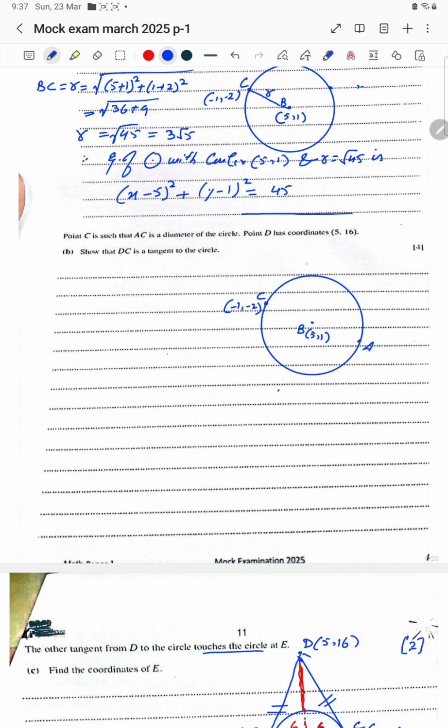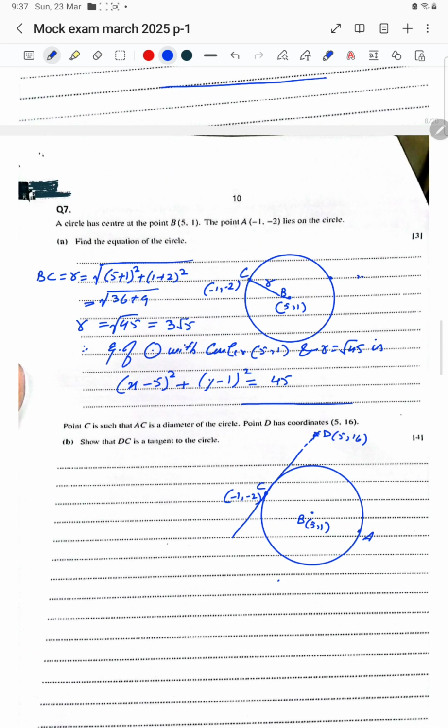DC, it means D will be somewhere here, (5, 16). Suppose D is here. AC, A is given to us.